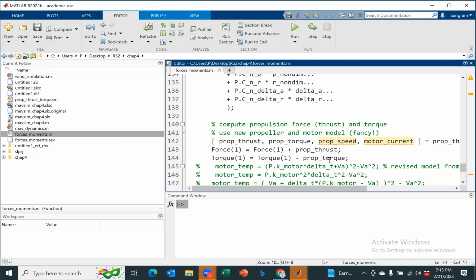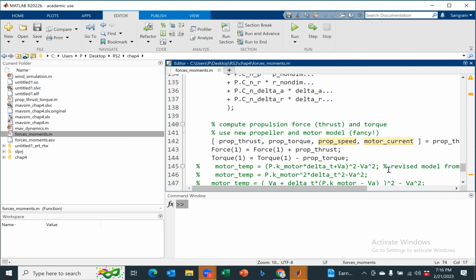That's why only this force 1 term gets modified. There is no force 2 or force 3. You don't have a prop that tilts. So the prop is going to give you thrust only in the direction of aircraft X.